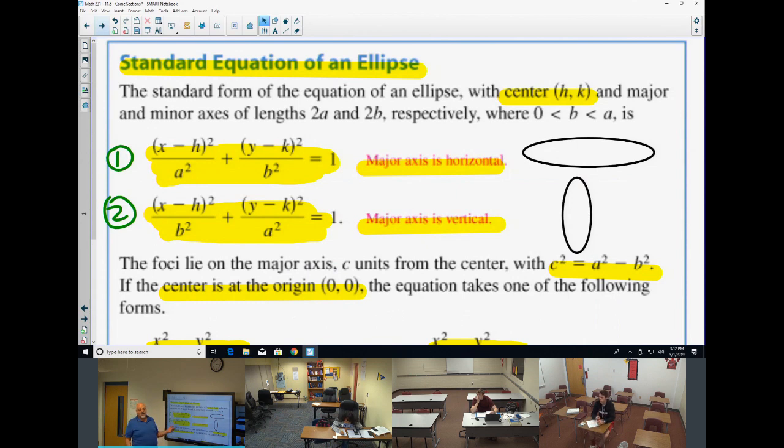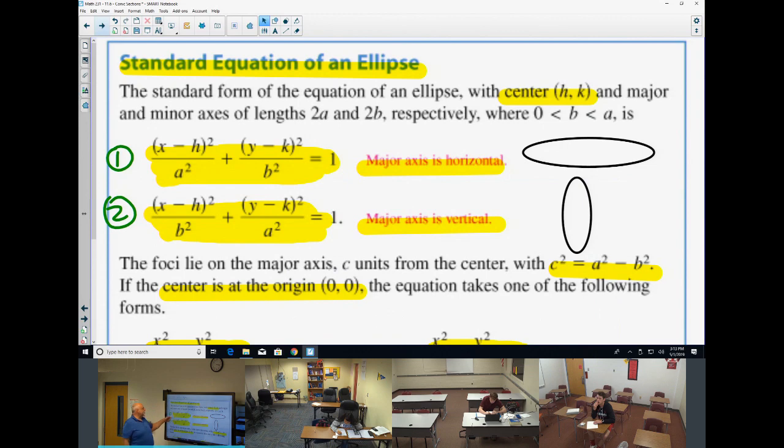I find the center at (h, k), and whichever number is bigger determines the shape. The number underneath the x, the a, tells me how far to go left and right. The number underneath the y tells you how far to go up and down.